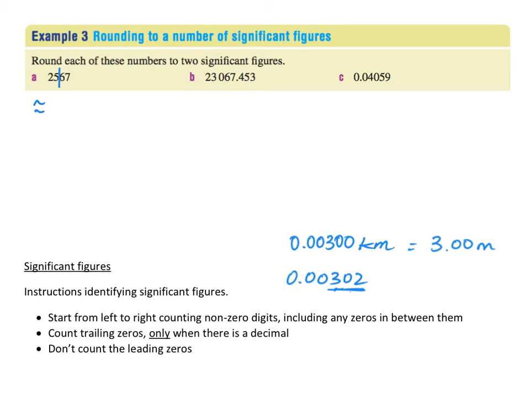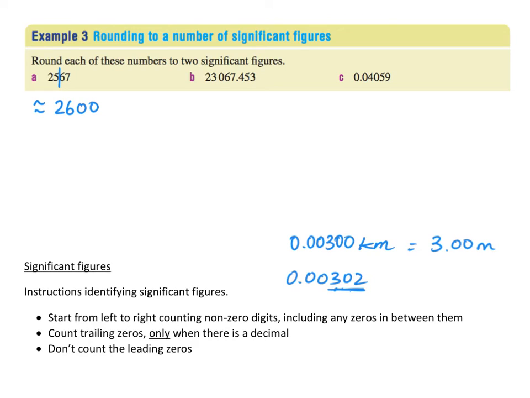And because the 6 after the line is going to round up, this would round to 2600, and this is 2 significant figures. And you might think, hold on a second, don't these zeros hold any value? Because we rounded, these here are not what we call significant, so this has 2 significant figures.